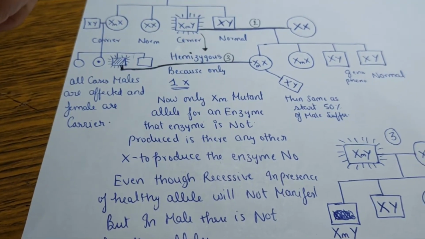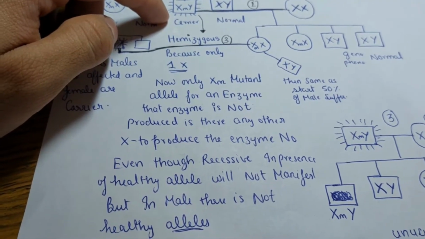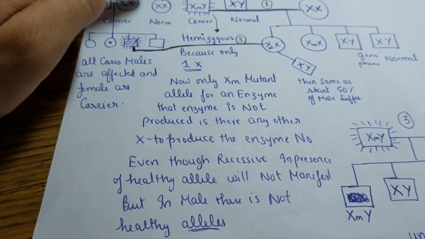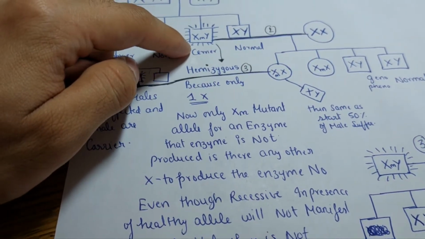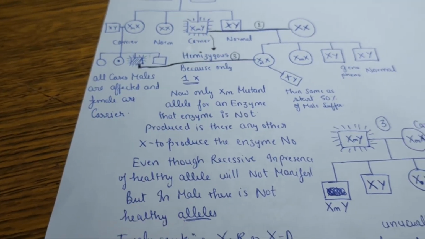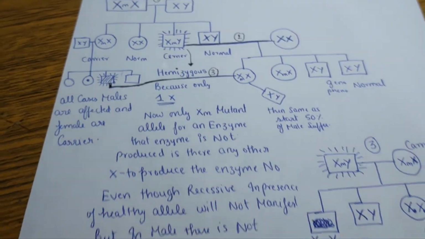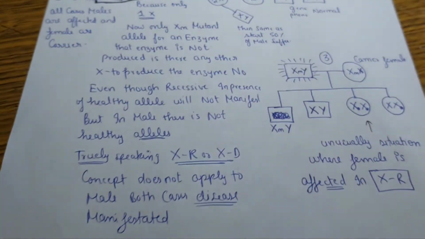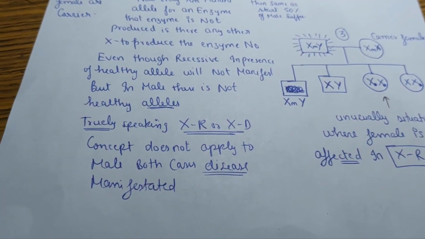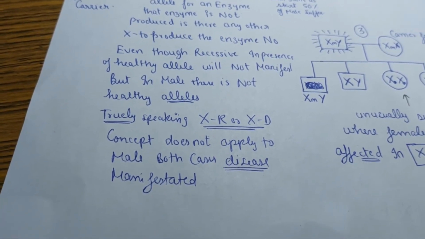So even though the gene is recessive, in the presence of a healthy allele it will not manifest. But in the case of males, there is no healthy allele, there is just one X chromosome, and that is mutant. So truly speaking, in males we cannot say X-linked recessive or X-linked dominant. This concept does not apply to males, because in both cases the disease is manifested.